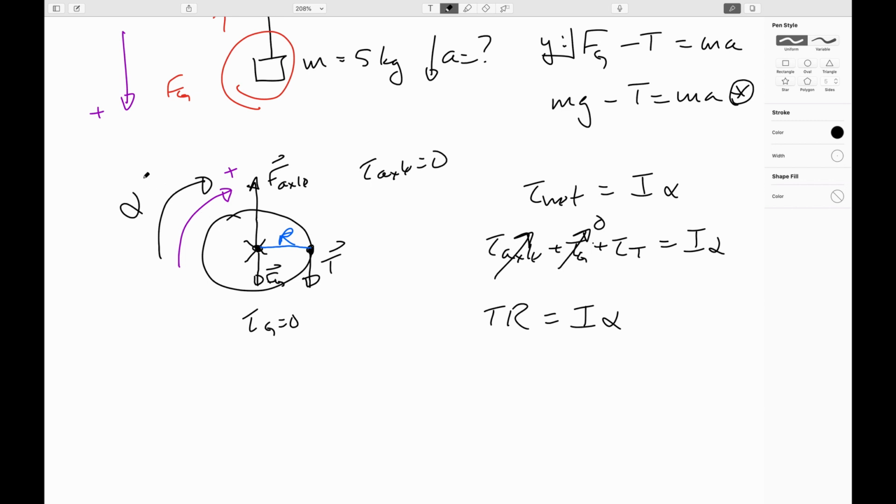the same as the tangential acceleration of a chunk of mass right at the end. And then we remember that the tangential component of acceleration was equal to r alpha. And here, that tangential acceleration of this piece right here is the same as the linear acceleration of this block right here, or else the string would stretch.